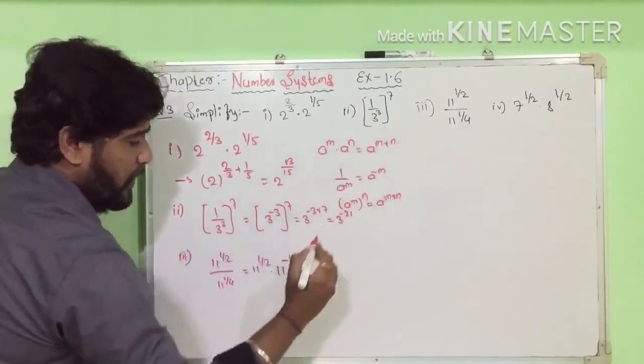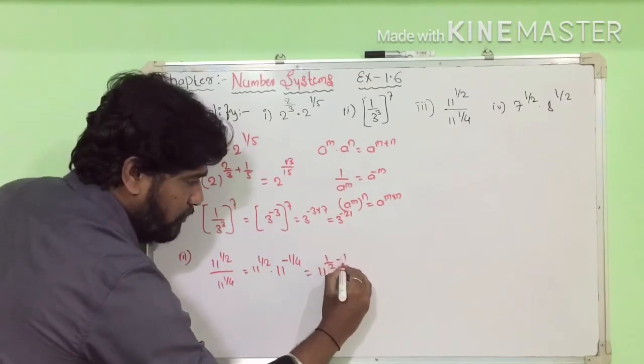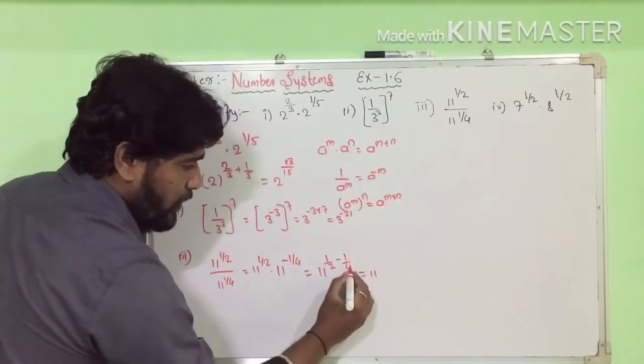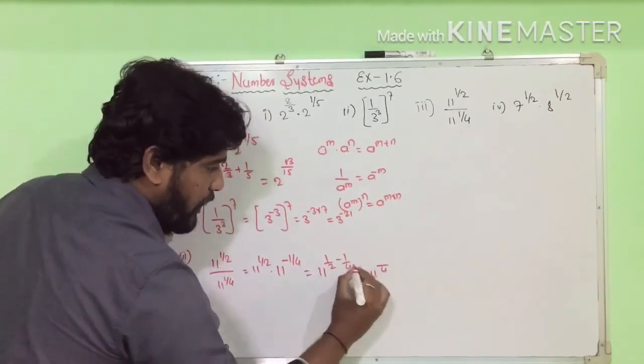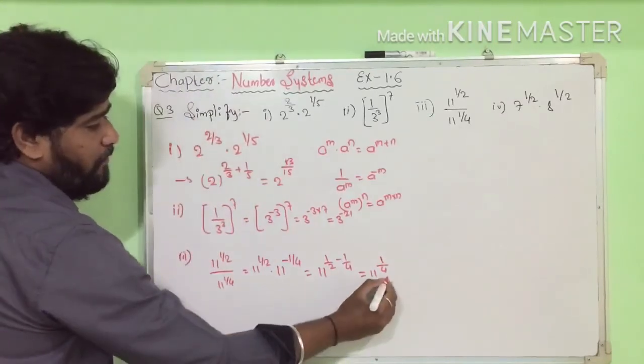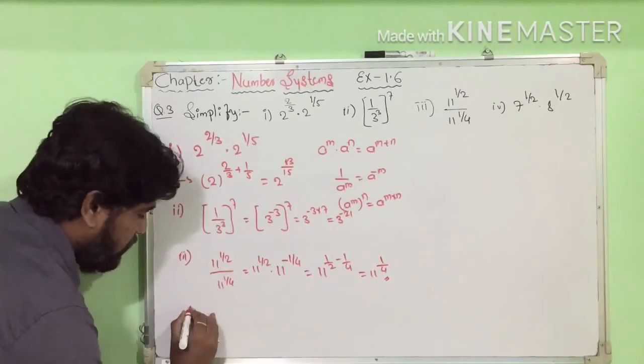This becomes a raised to m plus n. So this is equal to 11 raised to 1 by 2 minus 1 by 4. So here 11 raised to, take LCM here 4 and here multiply by 2, 2 minus 1 is 1 by 4. Is it clear?